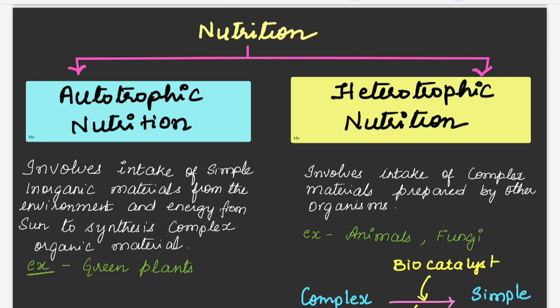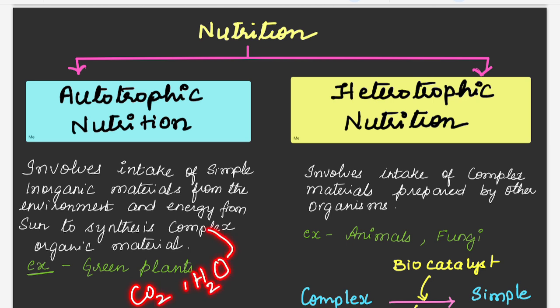Nutrition is of 2 types. The first is called autotrophic nutrition and the second type is called heterotrophic nutrition. Coming to autotrophic nutrition, example, green plants. You know that green plants prepare their own food. To prepare their own food, what are the raw materials required? The raw materials required are carbon dioxide and water.